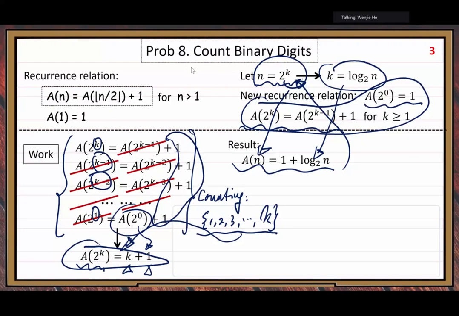Both sides must be compatible. When we move to the general case, we need to make some change to make the expressions compatible on both sides. So for the general case, we need to make our guess.